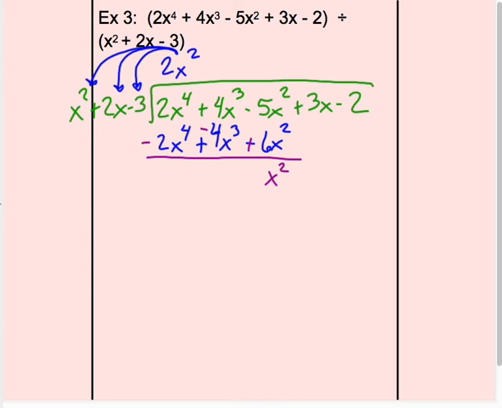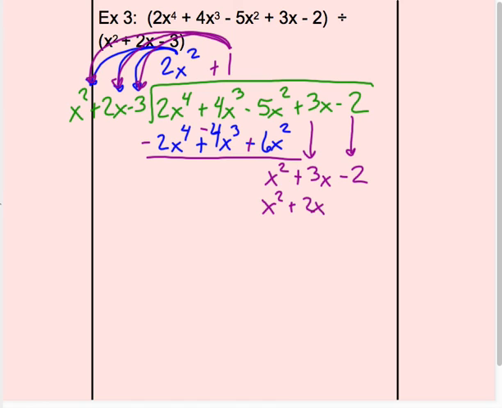And this time, because we're dividing by a trinomial, we're going to bring down two more terms. x squared times 1 gives us x squared. So now I'm going to distribute this to all three terms, and we get x squared plus 2x minus 3.